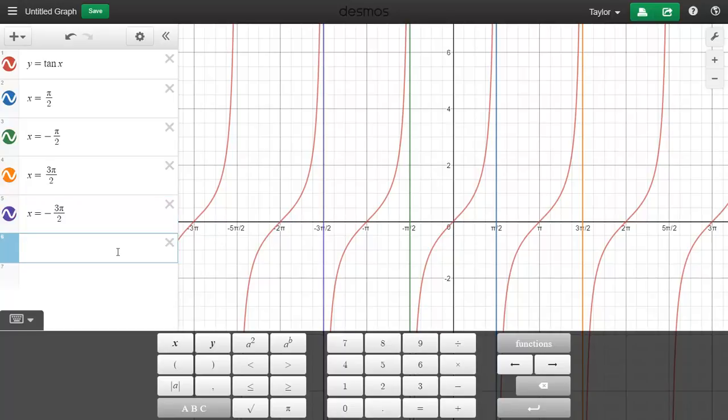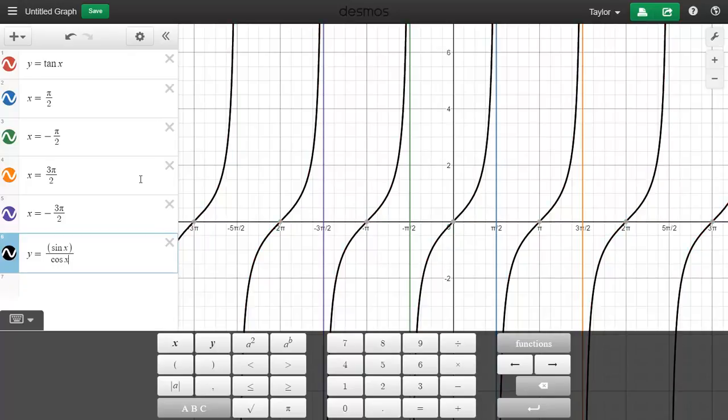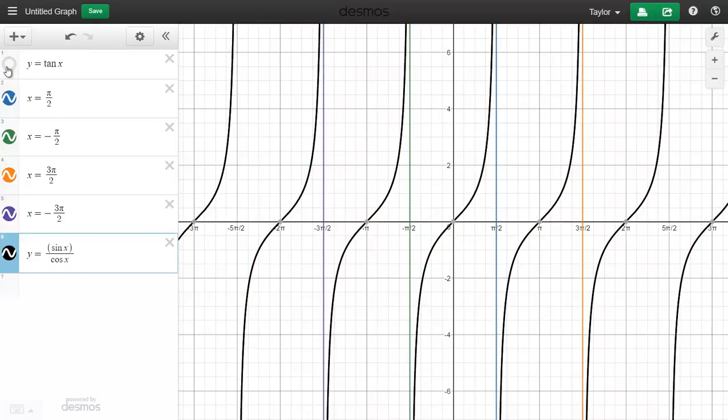Another way to think about this is, what is tangent x equal to? Tangent of x is the exact same thing as sine x divided by cosine x. Where is cosine 0?